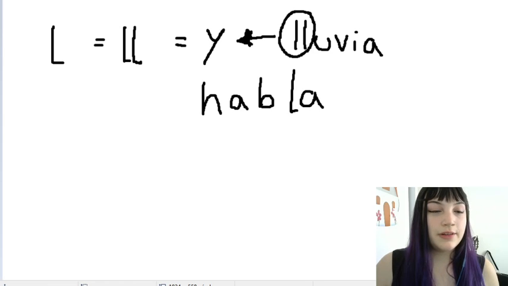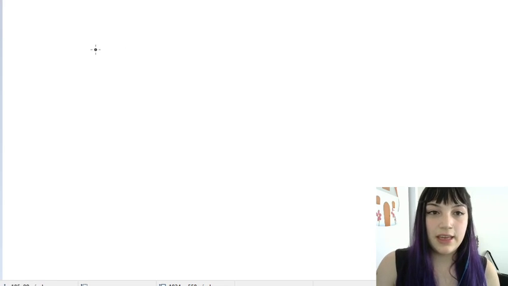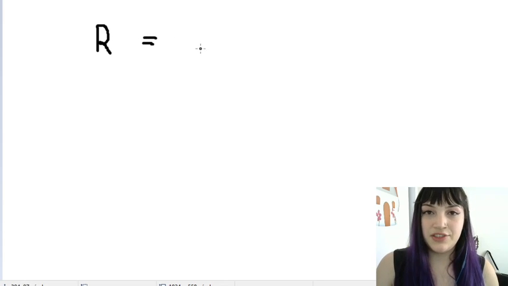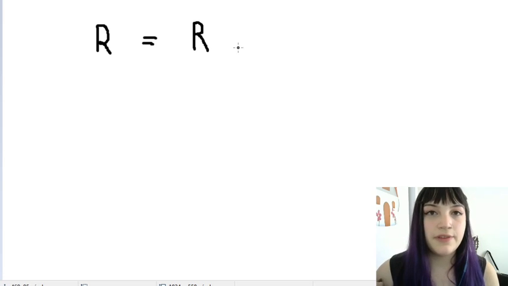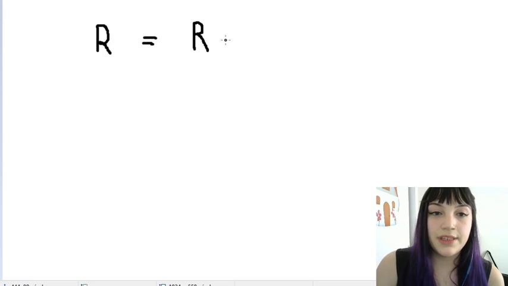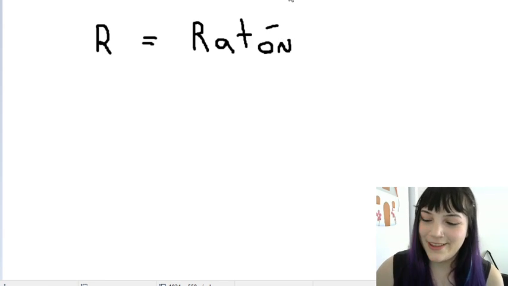What other letter we have is the letter R or ere, which has two different pronunciations. You have the stronger R pronunciation, that wherever you have it at the first of a word, it's going to have that strong sound. Like, for example, in ratón, which means mouse, the animal.